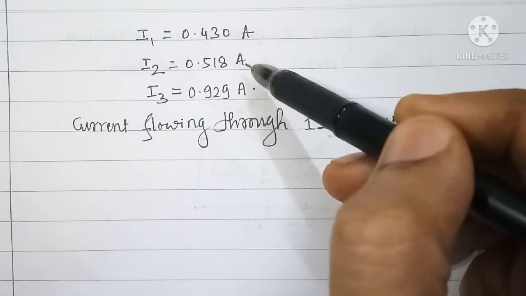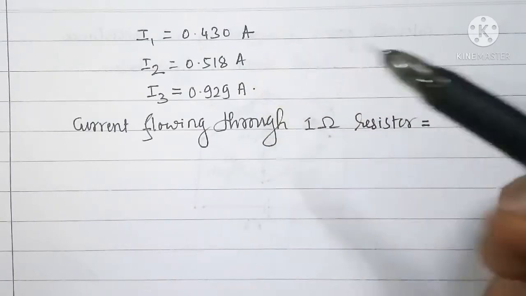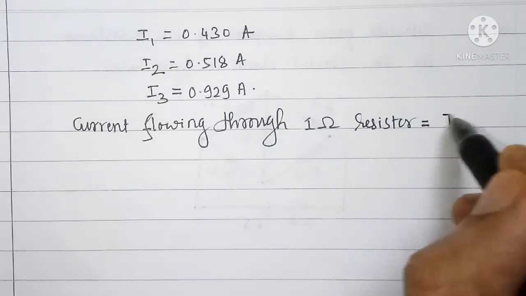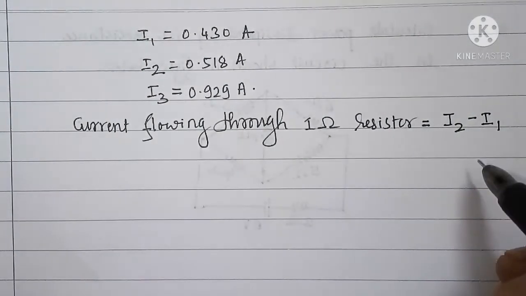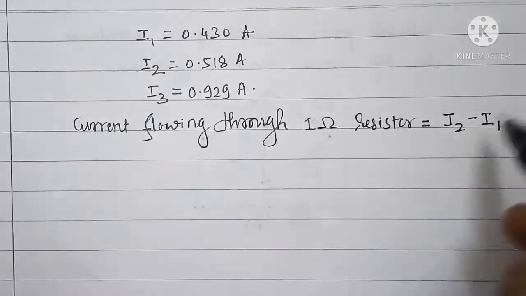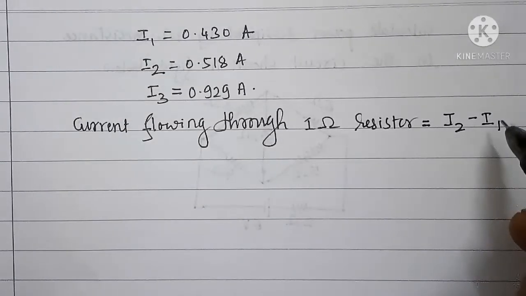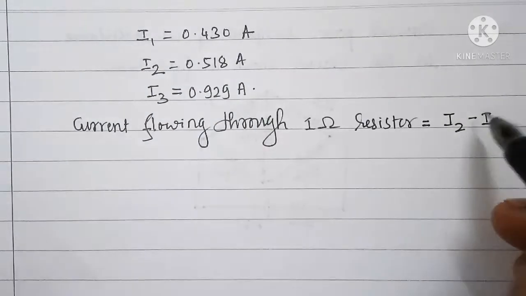I2 has the higher value, I1 has the lower value. So I will write here I2 minus I1. The resultant current, that is the difference current, will be flowing in the direction of I2 because I2 has the larger value.